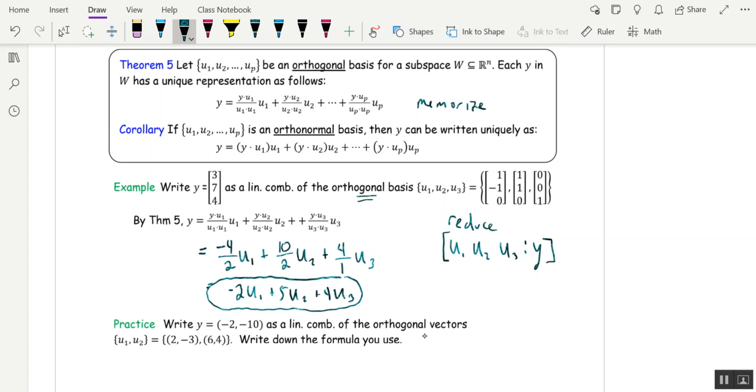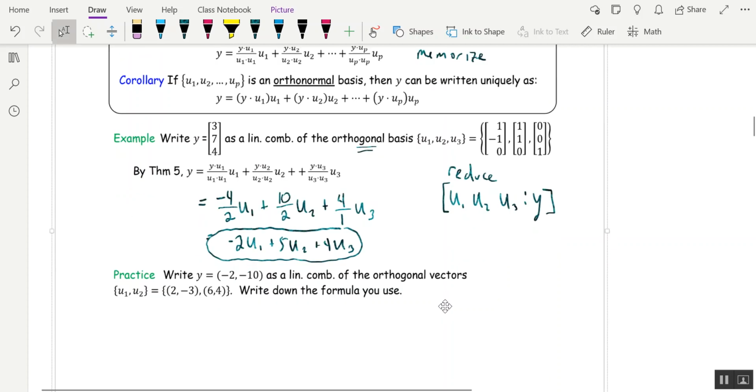And that would have given you the coefficients -2, 5, and 4 that you would use to write y as a linear combination. So this gives us a quick formula, and it allows us to save not having to do this. But be careful, you can only use this formula when you have orthogonal vectors.